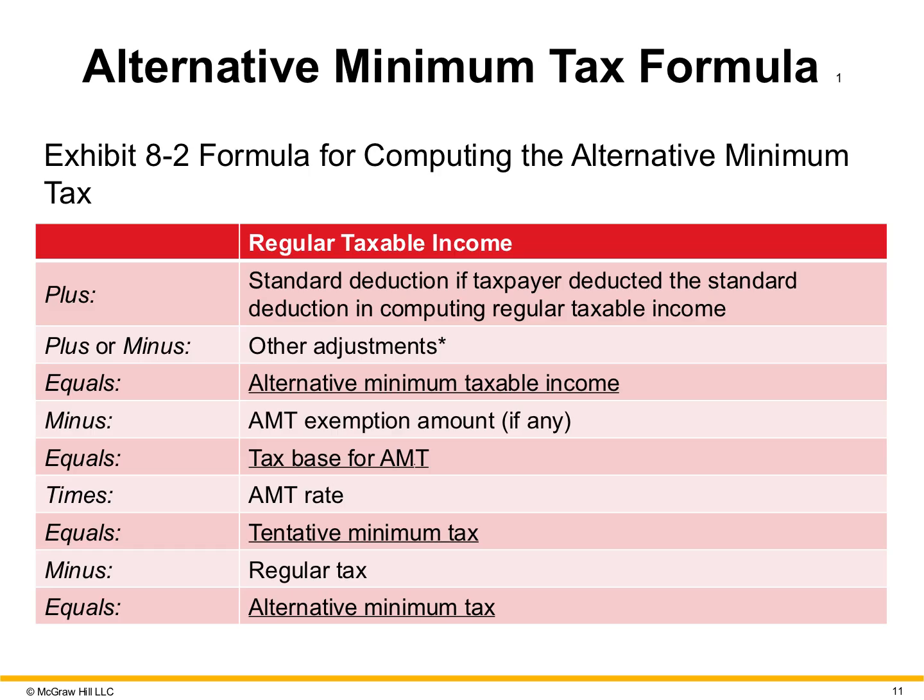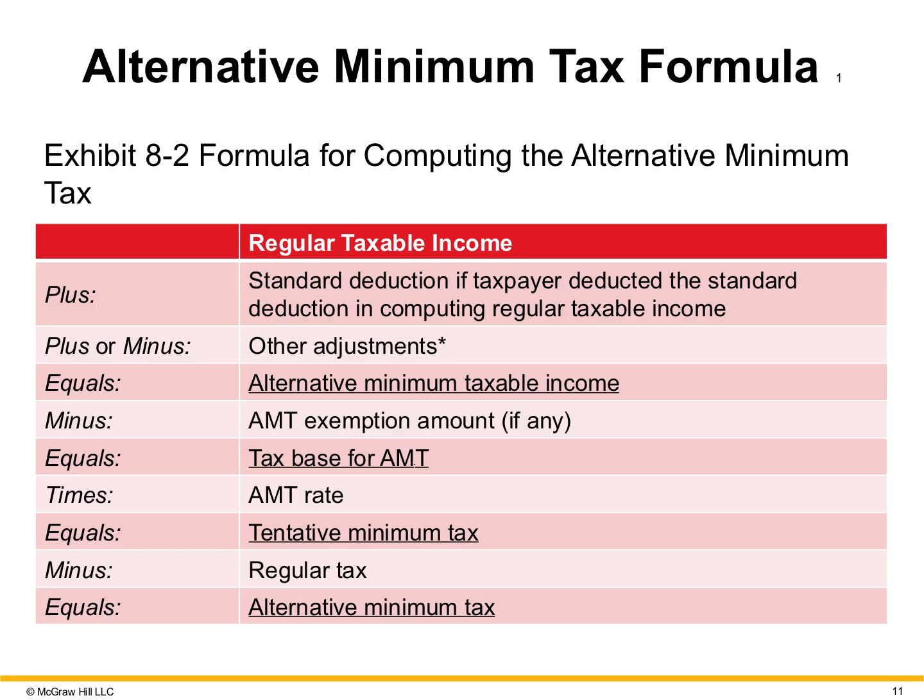And that will get us to our tentative minimum tax. Additionally, it's also important to note here that net long-term capital gains and qualified dividends are taxed at the same preferential rates, just like we would use for regular tax purposes.